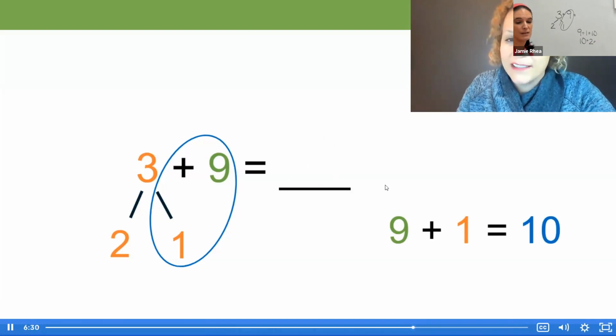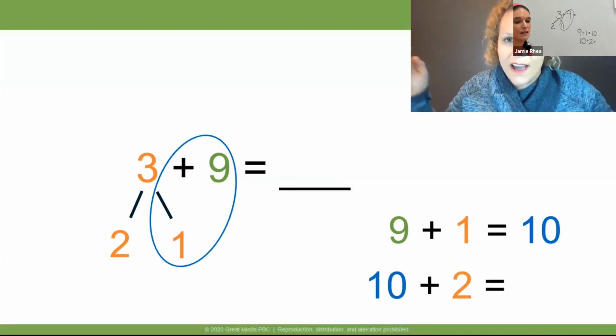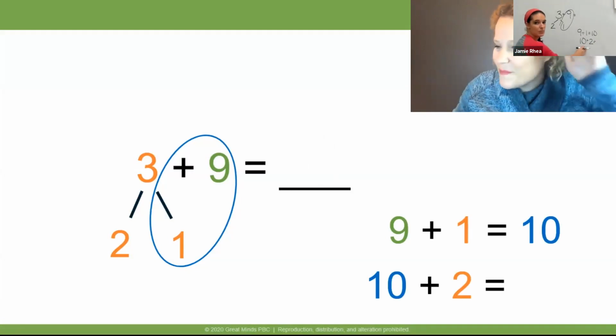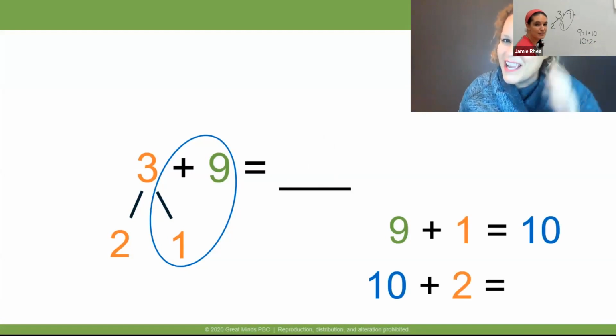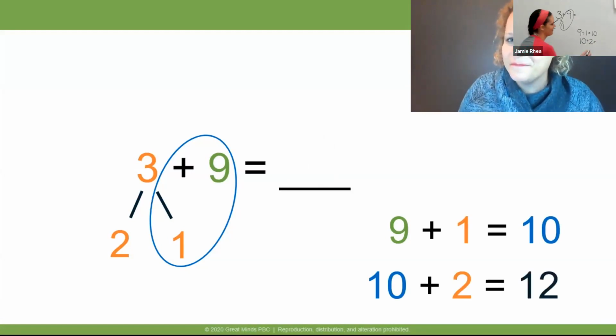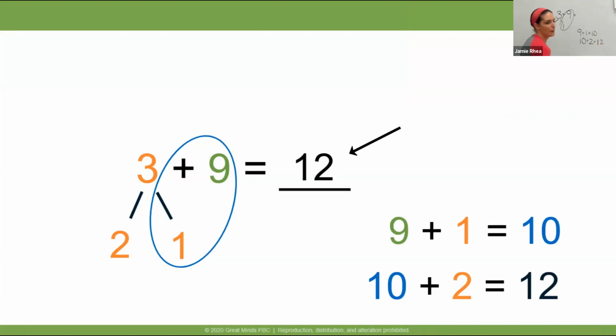Then we just need to add back that other part 2, and we have our new easier problem. What's now the easier problem? 10 plus 2 equals 12. Which also means 3 plus 9 equals 12.